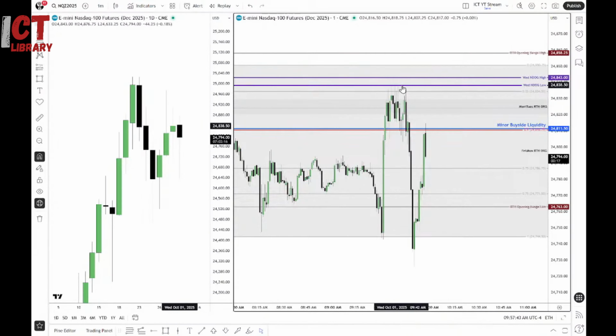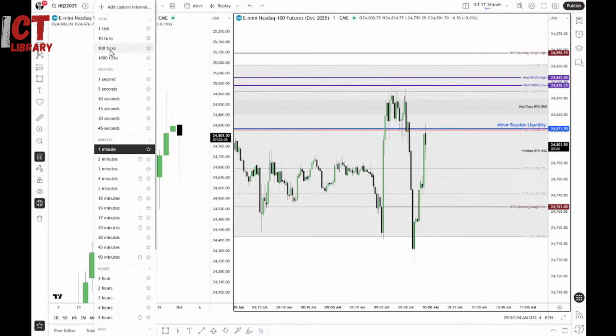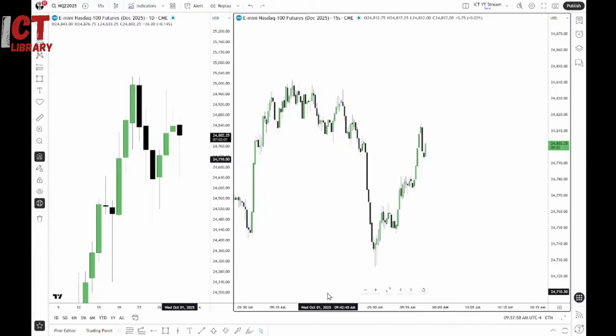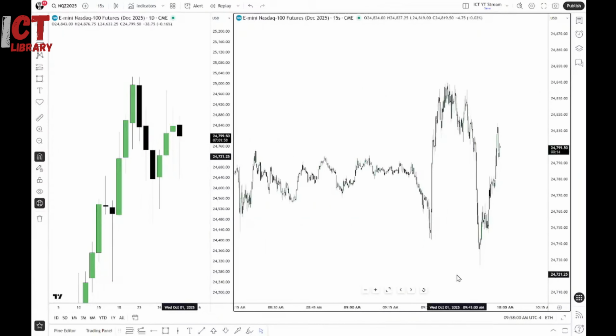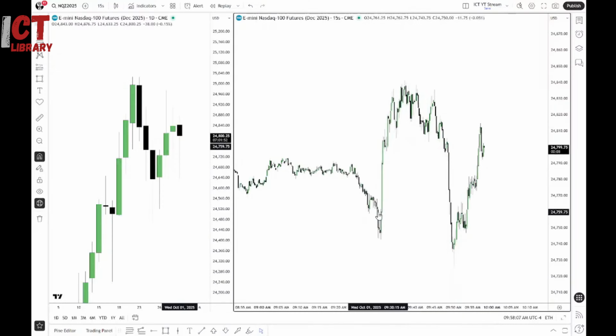Think about that as a big magnet, okay? A really big magnet. And think about every 15-second candlestick as a paper clip, okay? And it starts down here.